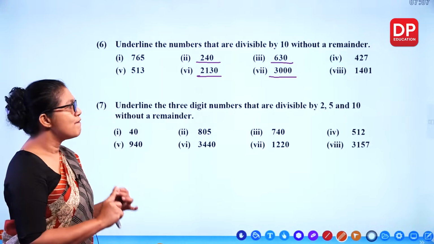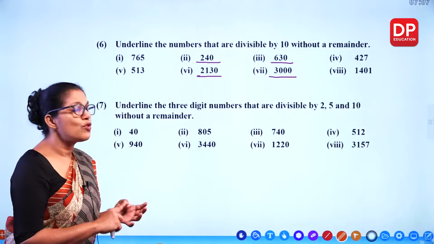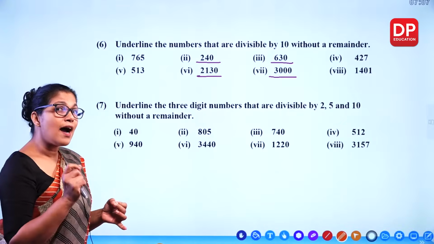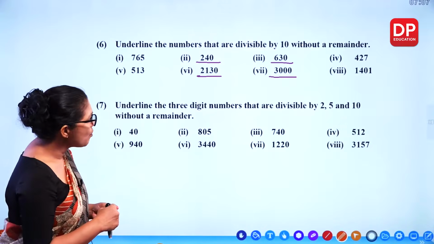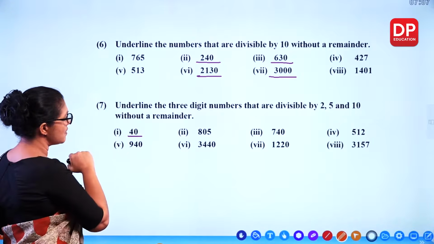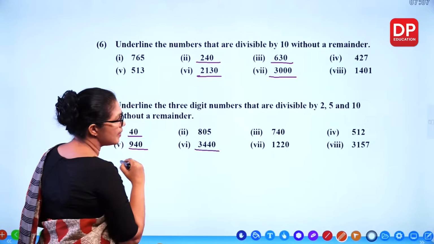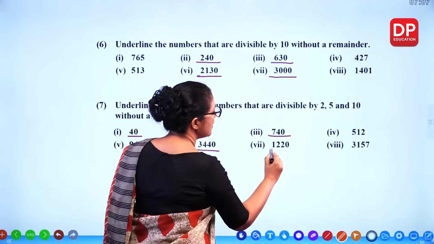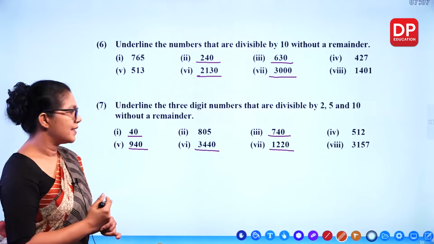That means if we want to find out a number that's divisible by 2, 5, 10, the last digit should be 0. So we'll find out what are the numbers with last digit 0. This is divisible. This is divisible. Here it's divisible. These are okay, but other numbers you can't take.